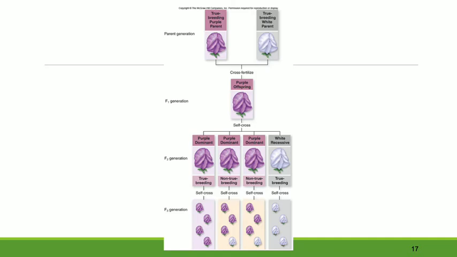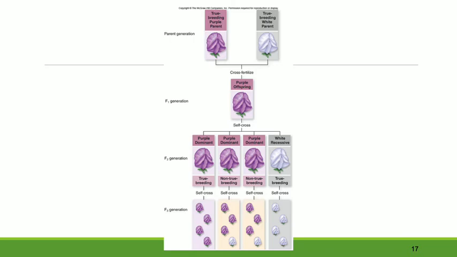However, when you cross-fertilize these 2 different types of true breeding pea plants, all the offspring are purple flowering offspring.